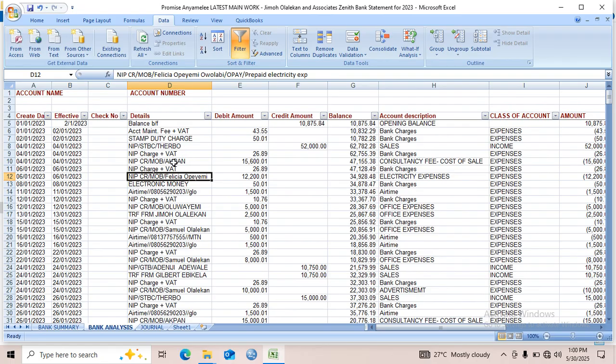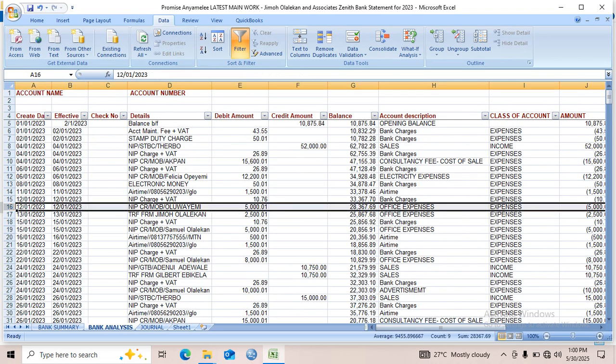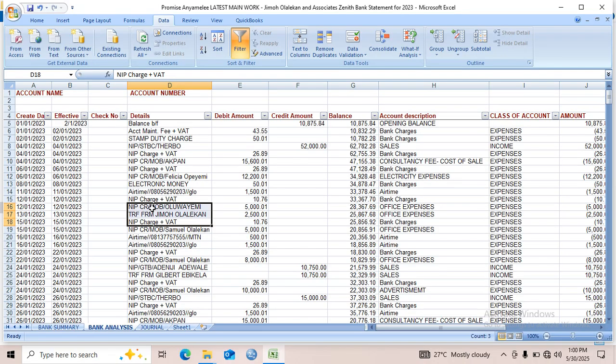You've come here, you've clicked, and you see this particular one and this number 16. You've clicked it and you've seen office cleaning expenses. You will know this one is office cleaning expenses, and you record it as other office expenses, and the class of account is expenses. This particular one is boldly written airtime.